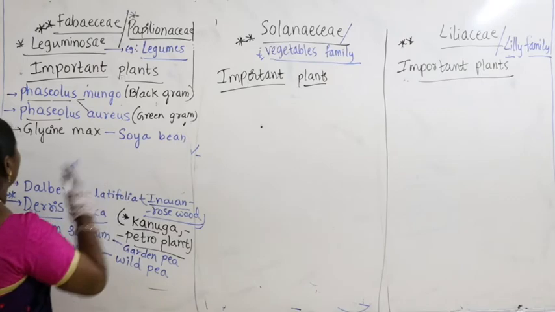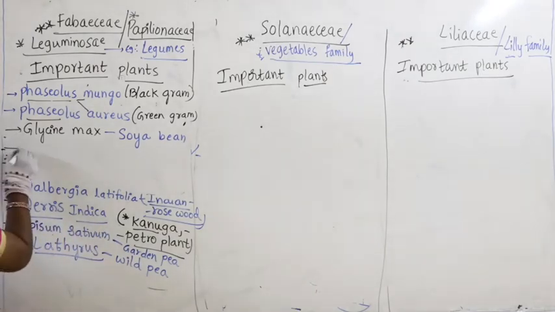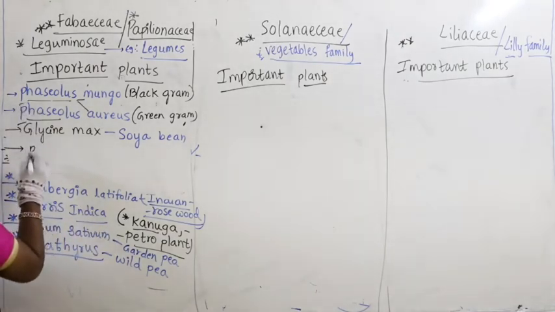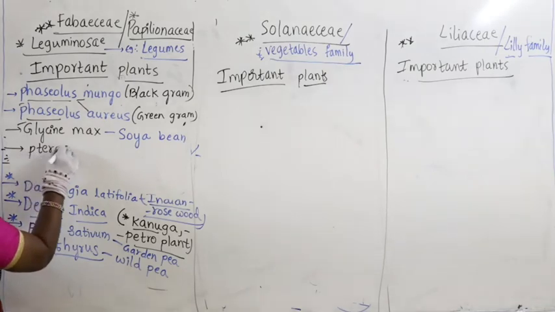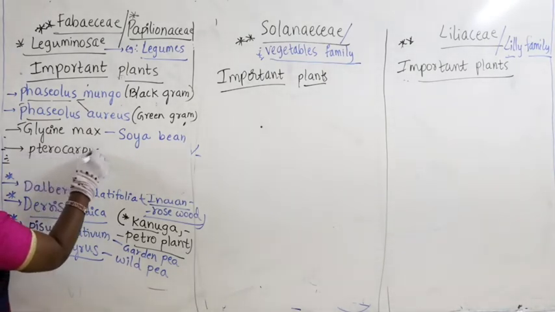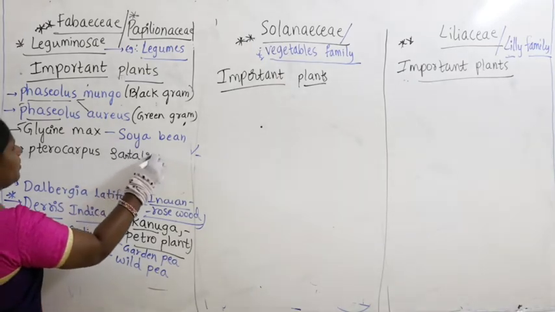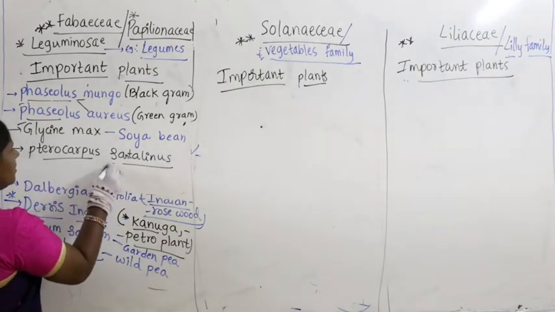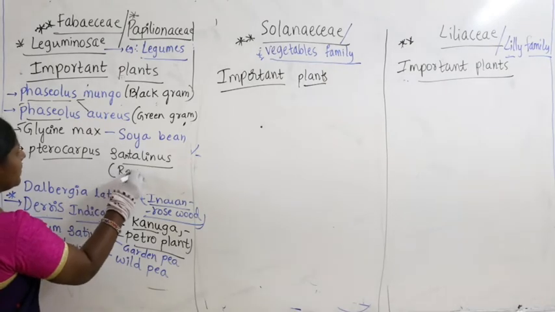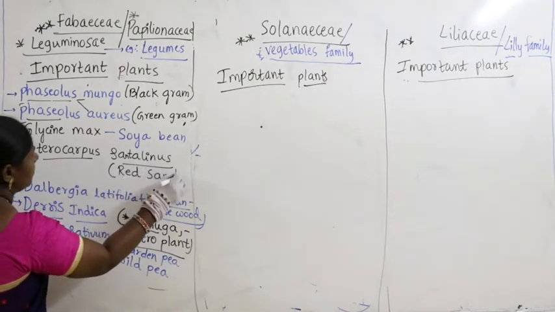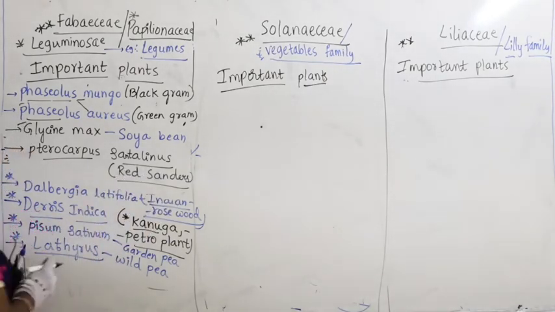Then we have one more P. Pterocarpus santalinus. It's commonly called red sanders.